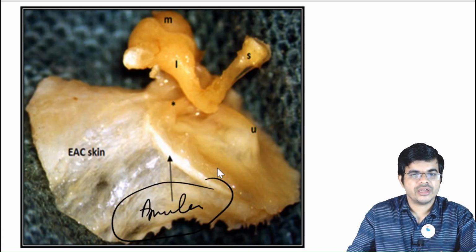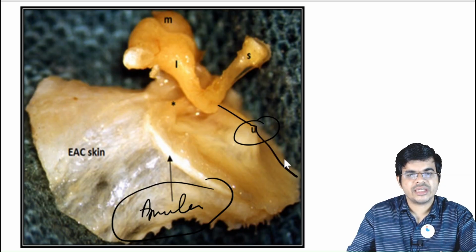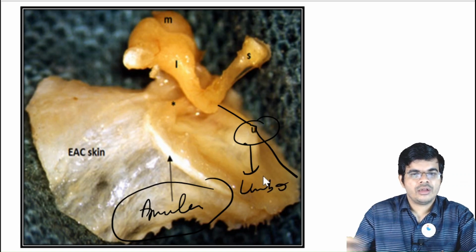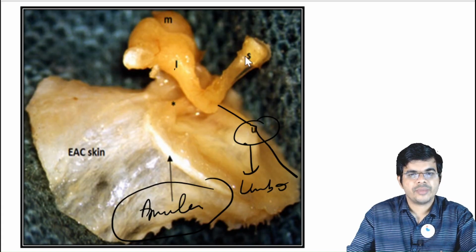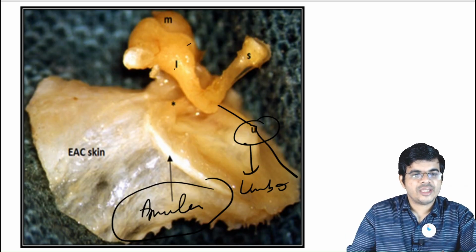This is the tympanic annulus or Gerlach's ligament, and you can see the umbo here. The pars tensa is tented inward like this, and this is the umbo. Now this is the incus and the stapes here, and you have the malleus here. So that's it about the tympanic membrane.